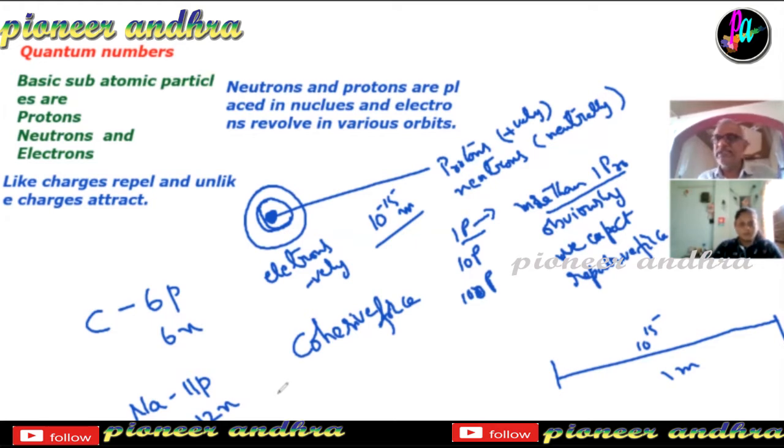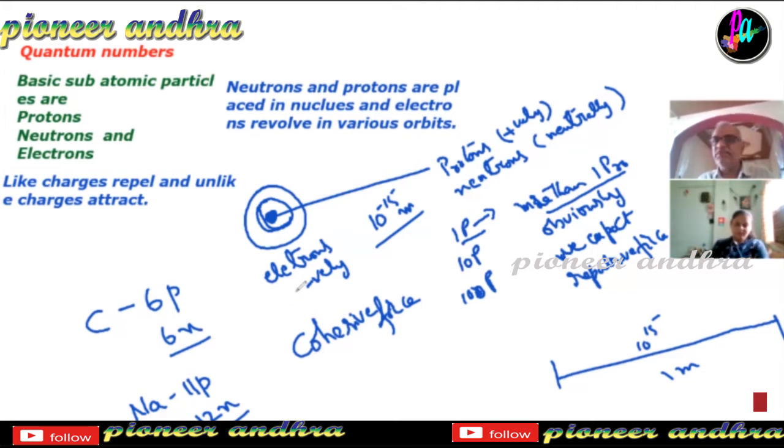You always mention that the number of neutrons will be equal to or more than the number of protons. Understood? So these protons will have repulsive forces as we discussed, and these repulsive forces will be balanced by neutrons present in the nucleus.